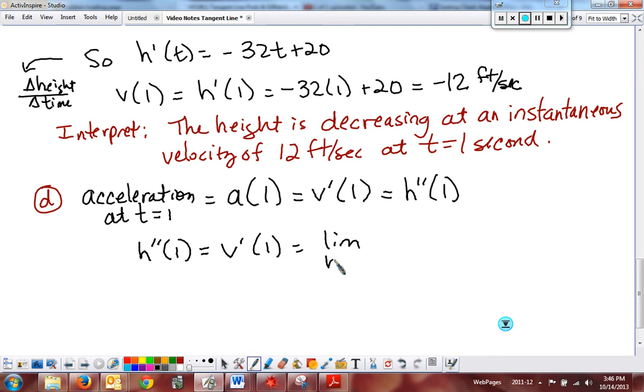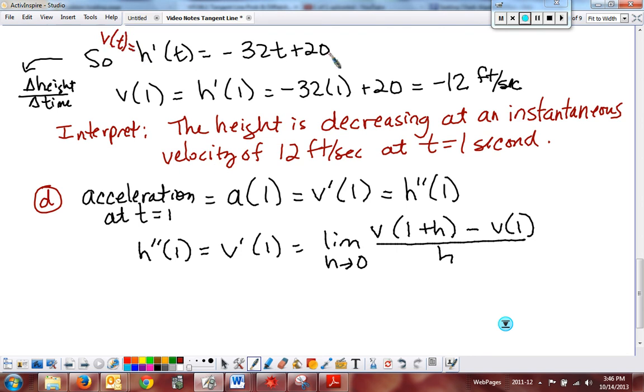I'm simply going to do the limit as h goes to 0 on the velocity function. So it would end up being v of 1 plus h minus v of 1 all over h. Now you might want to remind yourself, I didn't label it up here, but maybe I should label this: this is v of t, which is also known as the derivative.